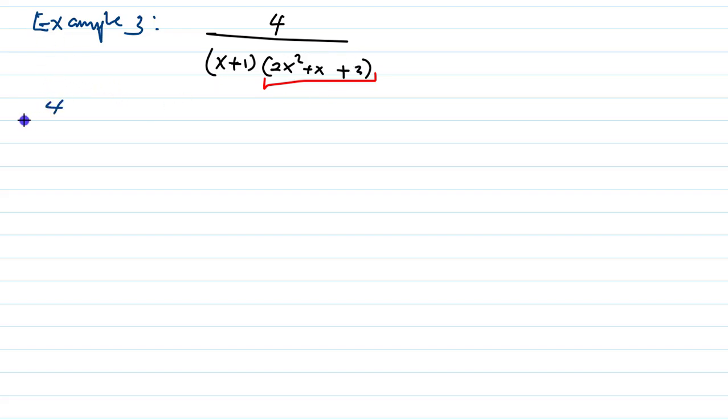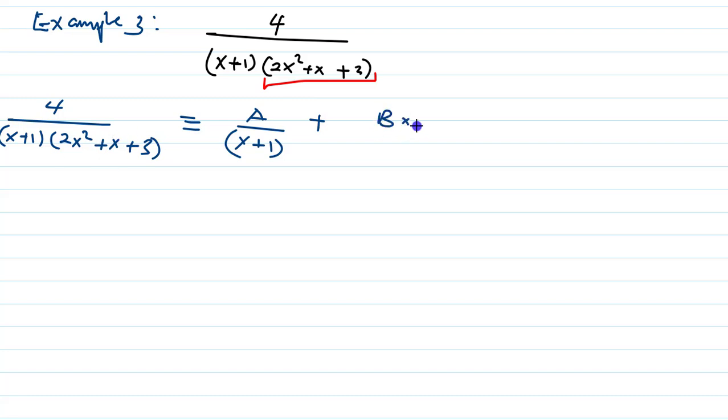So let me go ahead and do this. I'll write 4 divided by x plus 1 into 2x squared plus x plus 3 equivalent to a divided by x plus 1 plus, since this is a quadratic factor, for that I'll write bx plus c divided by 2x squared plus x plus 3.